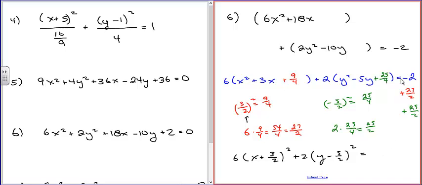I'm going to replace -2 with -4 halves. So if we add 27 plus 25, that's 52. 52 minus 4 is 48. So we'll get 48 halves, which is 24.